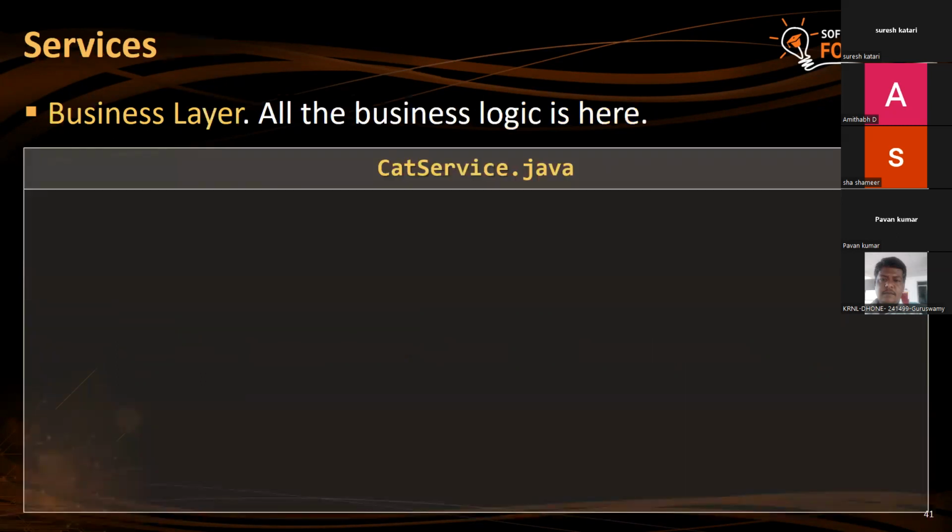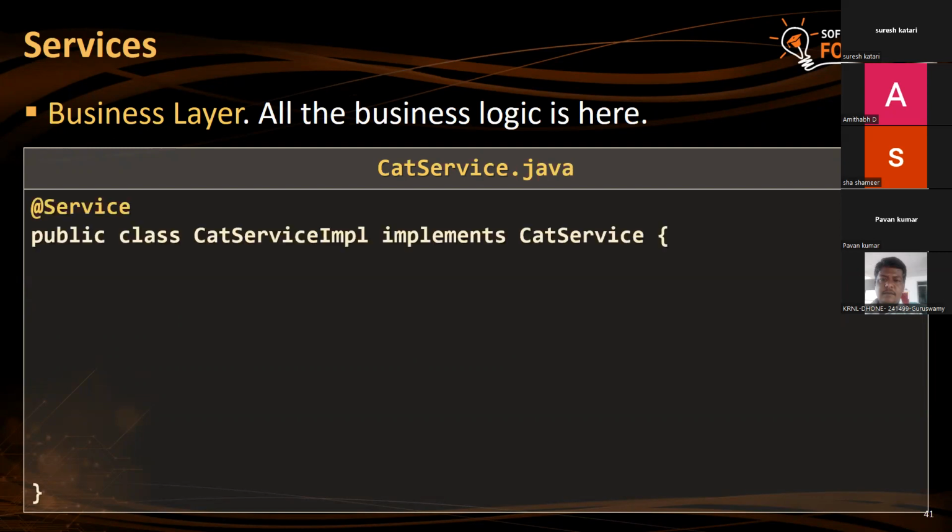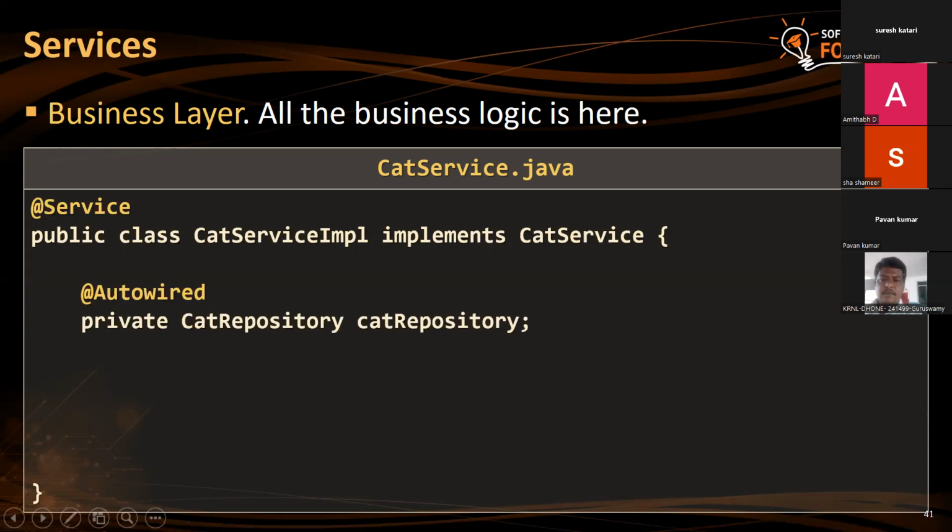Another thing we discussed is first database, then repository, then services, the business layer. For different services, there should be the service annotation. So the customer service implementation implements the customer service.